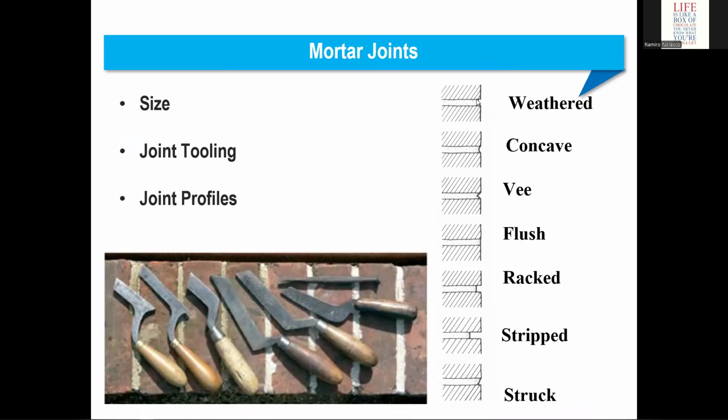So these are the different mortar joints: weathered, concave, V, flush, raked, stripped, and struck. And these are the tools that they use to create those mortar joints.